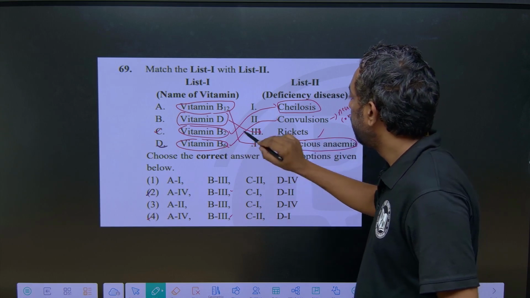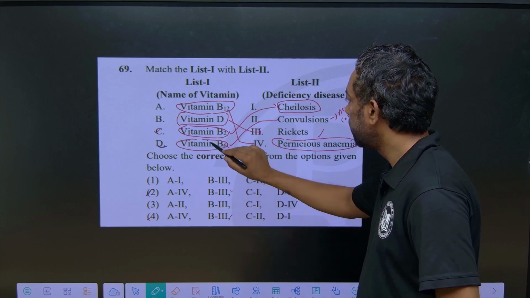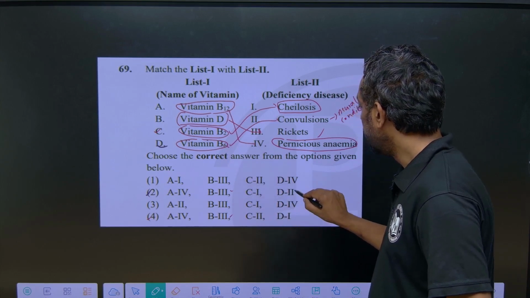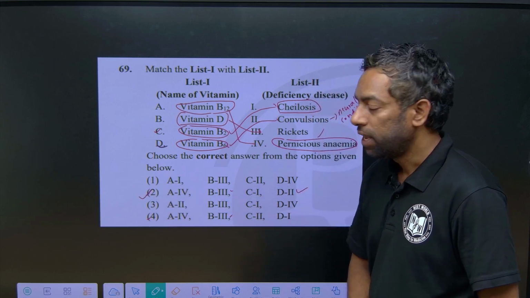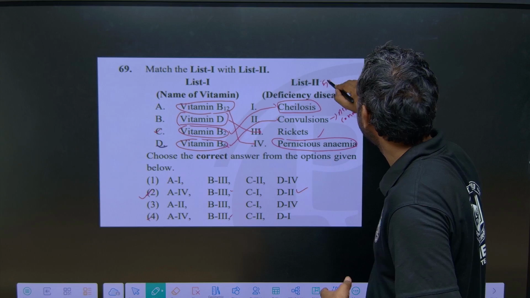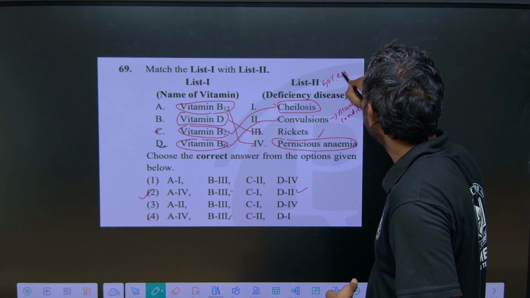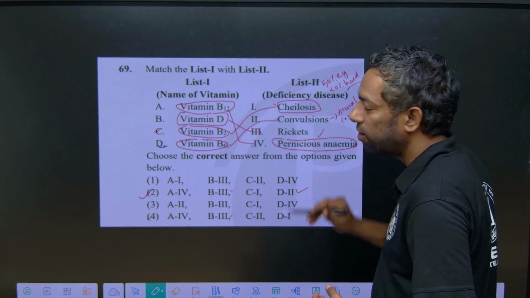So vitamin B6 is 2, meaning D is 2 here. The second option is the answer here. Here 50% is easy and 50% is hard for choosing the answer.